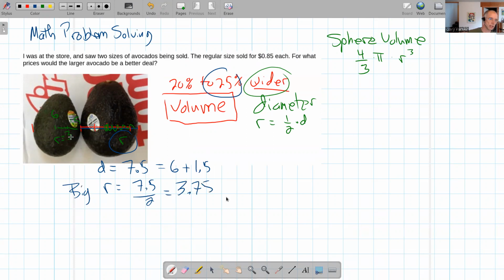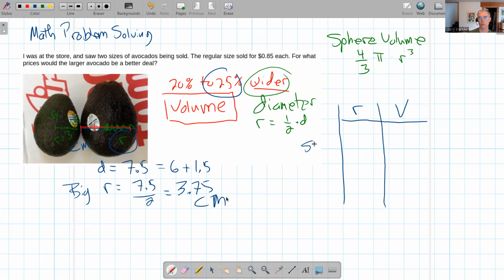So 3 centimeters versus 3.75 centimeters. And now I just want to compare their volumes. I think I'll make, say, a table here, where I've got a radius and I've got a volume. So the small avocado had a radius of 3.